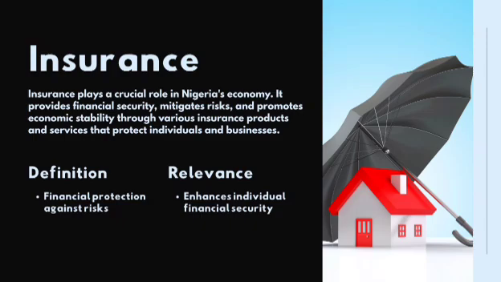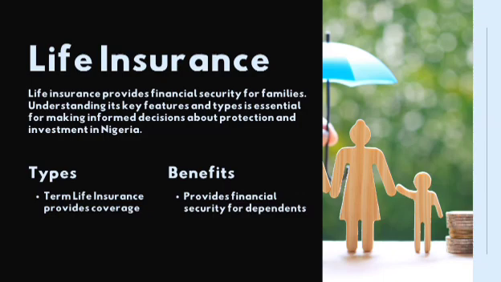Now, we are moving to types of insurance. Talking about types of insurance, let us start with what we call life insurance. What actually is life insurance? Life insurance is a contract between an insurance policy holder and an insurer, where the insurer promises to pay a designated beneficiary a sum of money upon the death of the insured person.